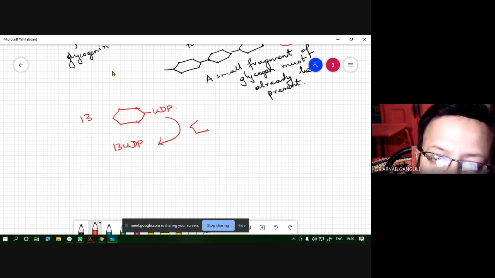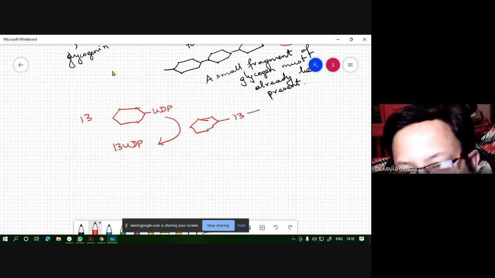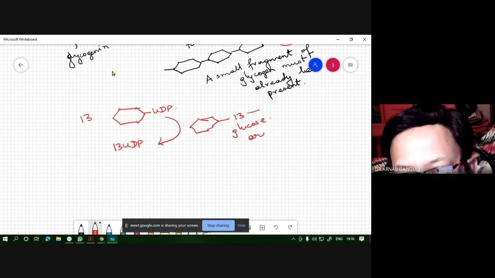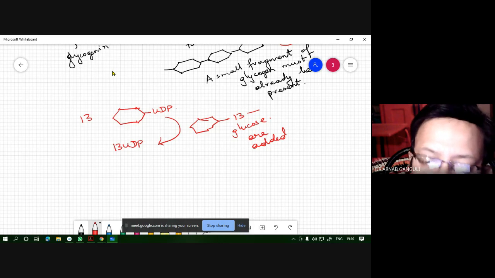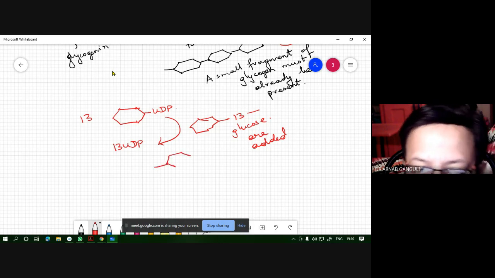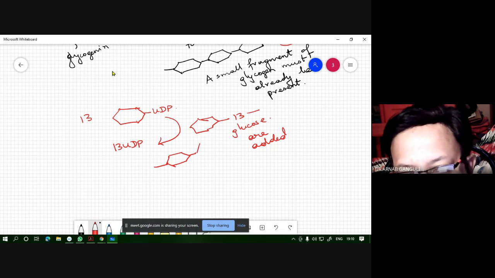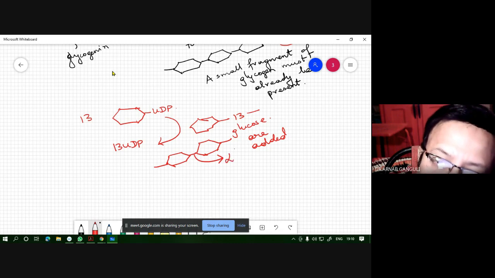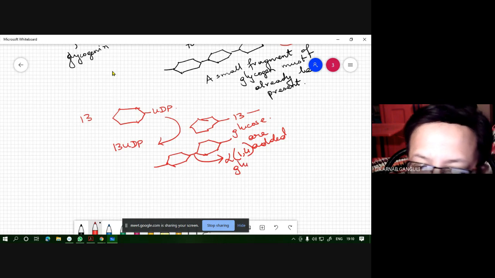And to this, glucose residues are added and the bond formed is an alpha 1 to 4 glycosidic linkage.